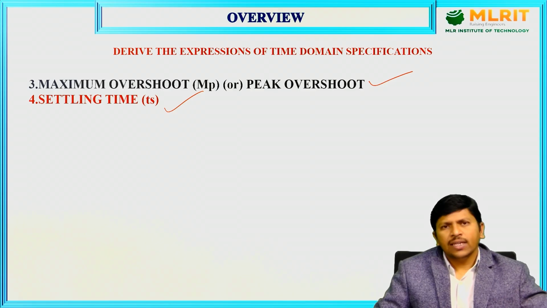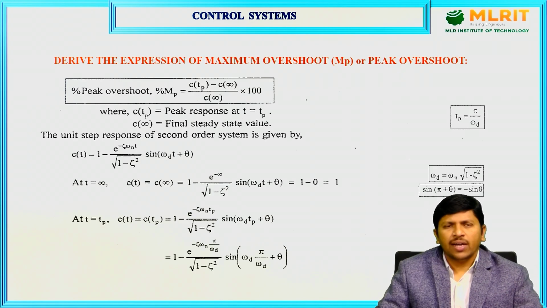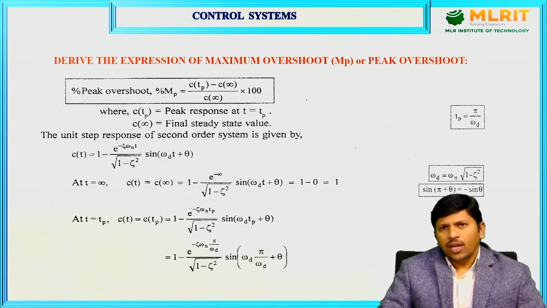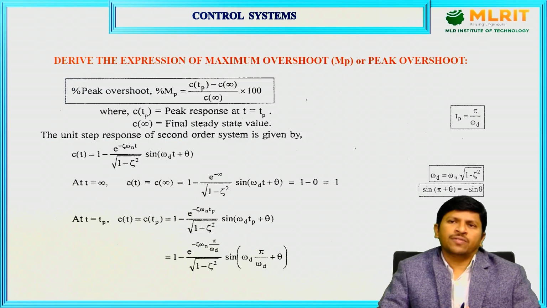Now let's move on to the first one, peak overshoot or maximum peak overshoot. All the time domain specifications are involved in an underdamped second order system for unit step input.